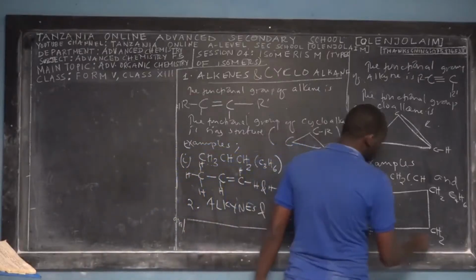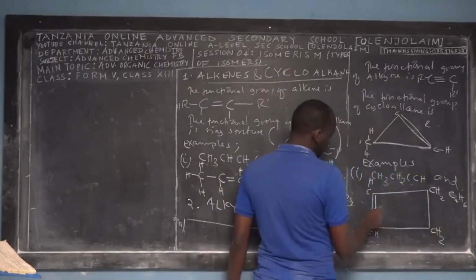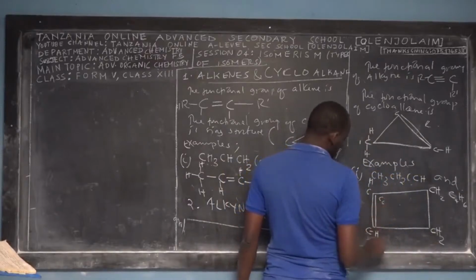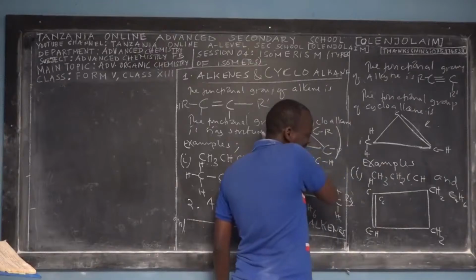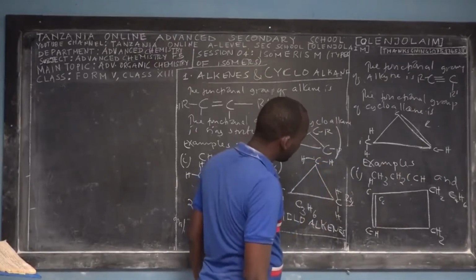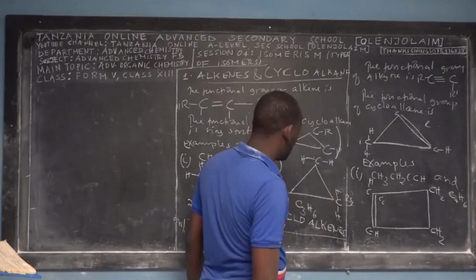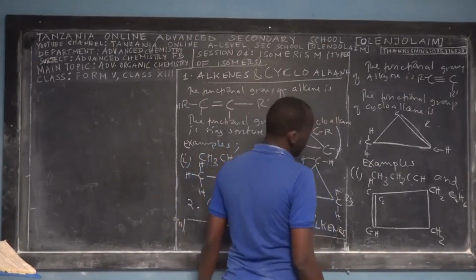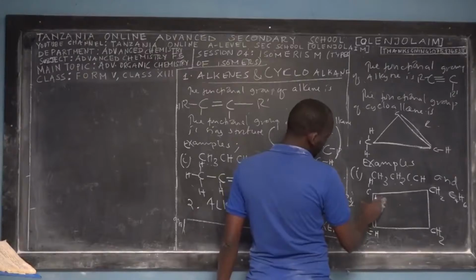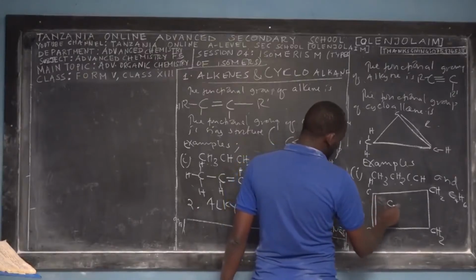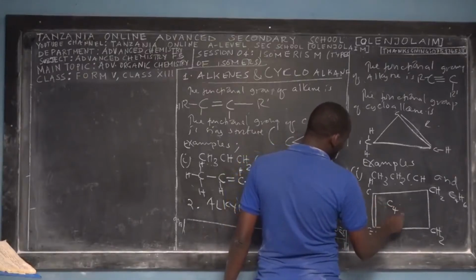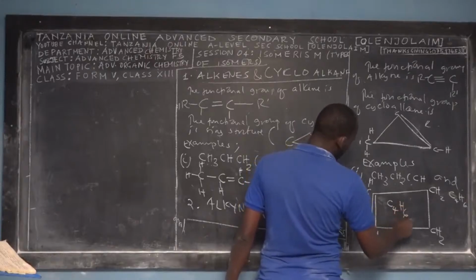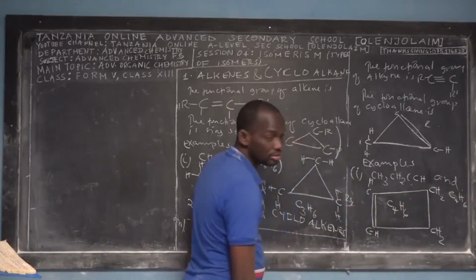If you count also for this diagram, what do we have? So what do I mean? The molecular formula of this is 4 carbons and 6 hydrogens.